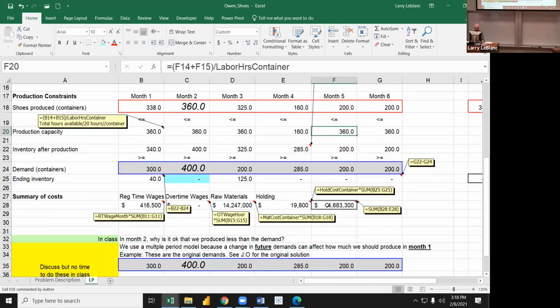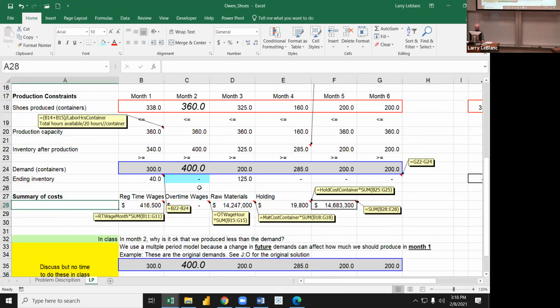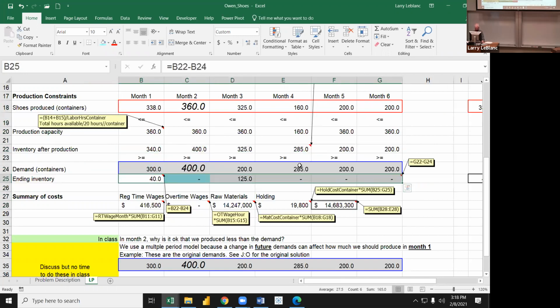Minimum cost is 14 million. And I record the solution right here and the ending inventory right here. Inventory after production is high, but ending inventory is not as high.